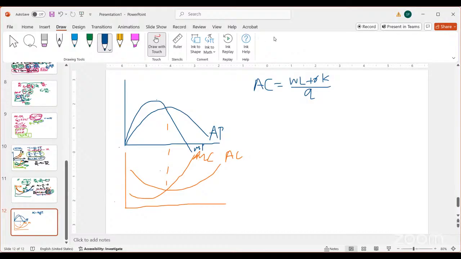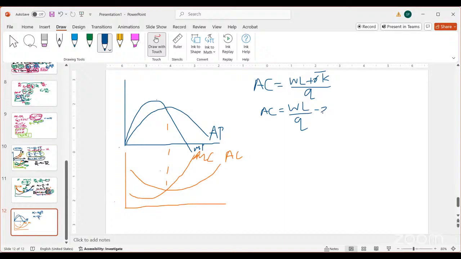Now let's say, assuming the short run, this RK becomes constant. It doesn't matter in the long run. So then what we have is WL divided by Q equals average cost.